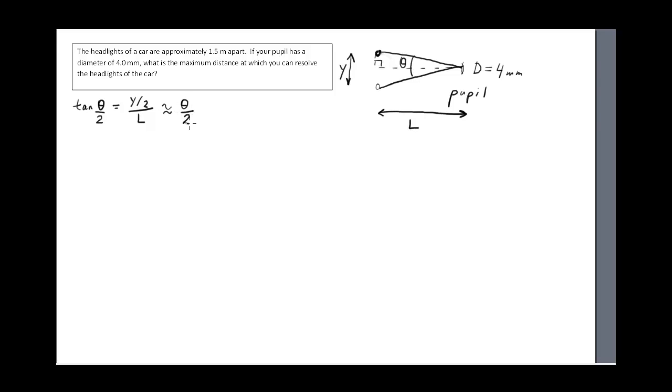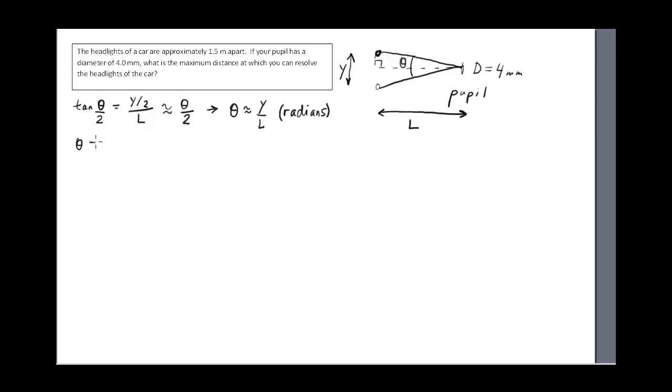So tan theta over 2 is approximately theta over 2, and then we can just solve for theta very easily and say that theta is approximately Y over L, having made the small angle approximation. And one thing that's important is that when we make the small angle approximation, that assumes that the angles we're talking about are in radians. So when we calculate the value for theta, as we're going to do in just a minute, it has to be in radians. So let's go ahead and do it.